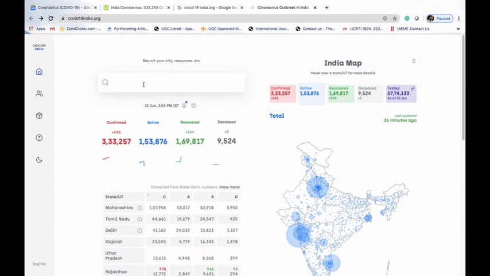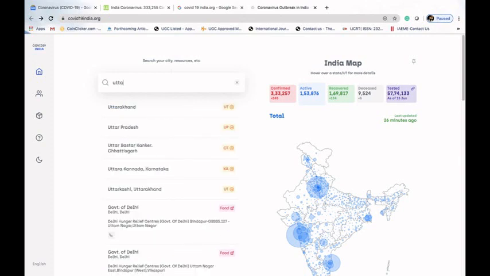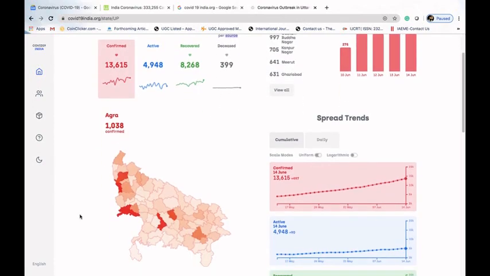Again, suppose we want to check the information about Uttar Pradesh. We will click on Uttar Pradesh, and these red marks show the districts which are the epicenter in Uttar Pradesh.